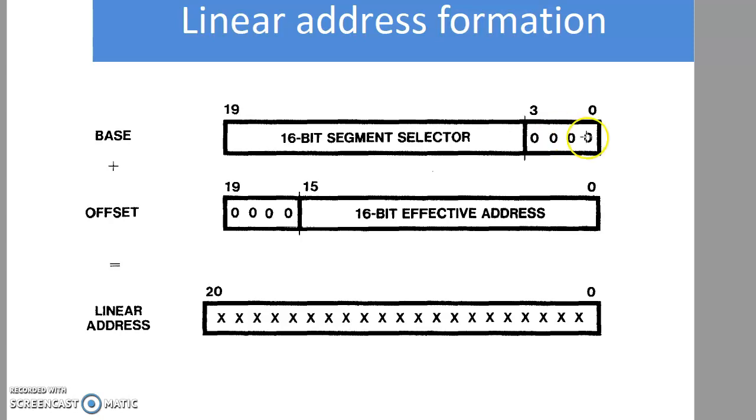Its value is shifted left by 4 bits. The offset for the code segment will be the 16-bit IP, for the data segment it will be SI, and for the extra segment it will be DI. So the base address is appended with 4 bits on the right, and you get the 20-bit linear address in virtual 8086 mode.